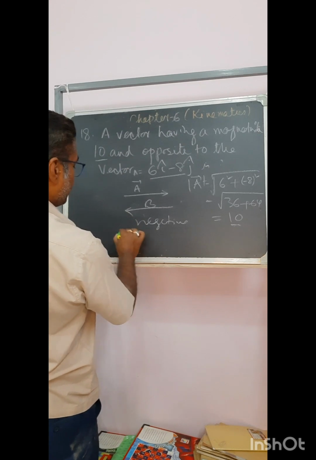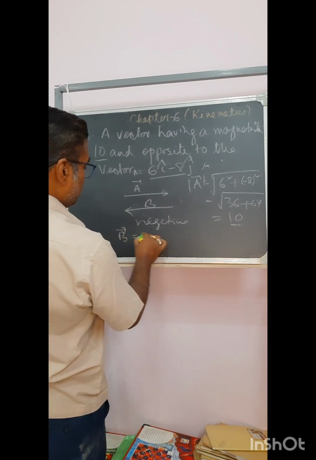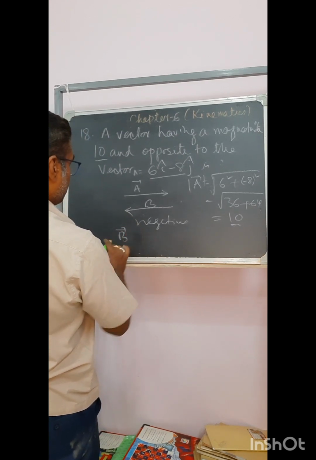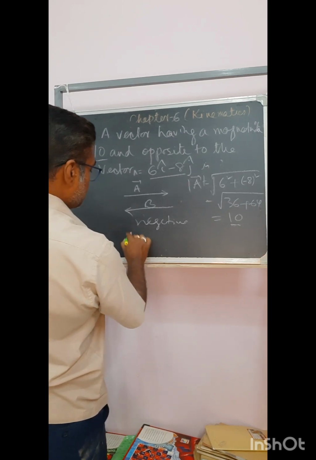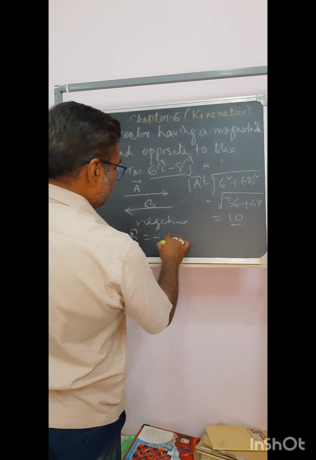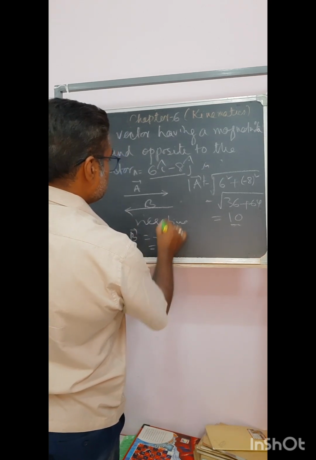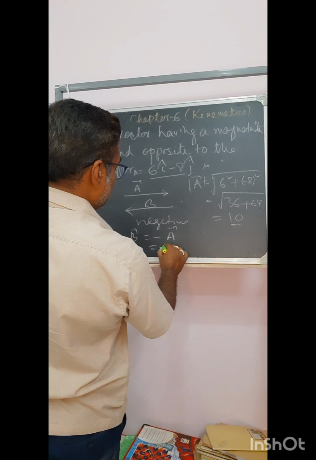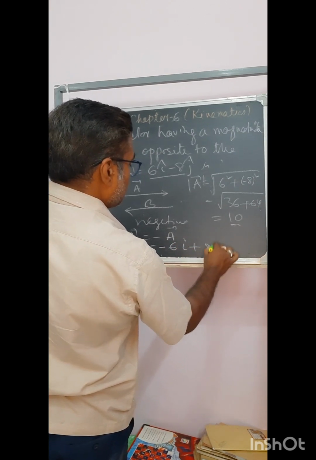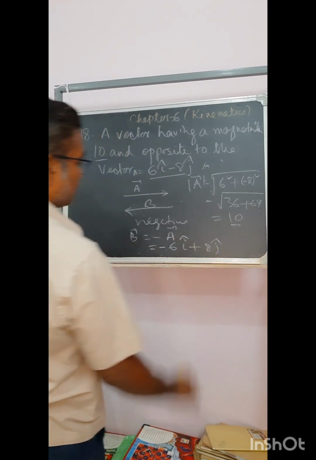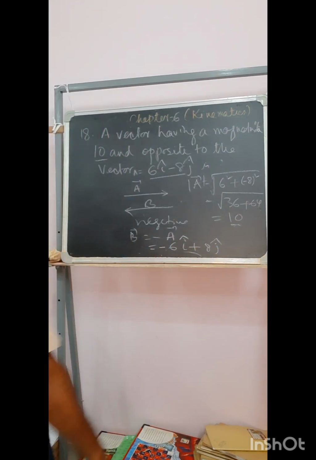So if I assume the opposite vector is B, then B is nothing but minus of A. If I take the minus of that, it will convert the vector like this.